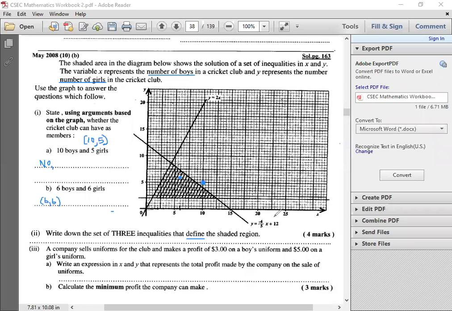What that is requiring us to do is to convert this to inequality, this to inequality, and the next one will be this one, which is x equals 4. So it's this line, and this is the third one. So this is y equals 2.